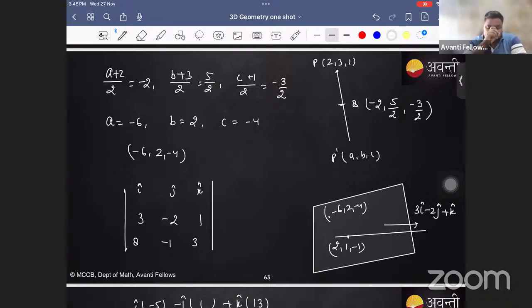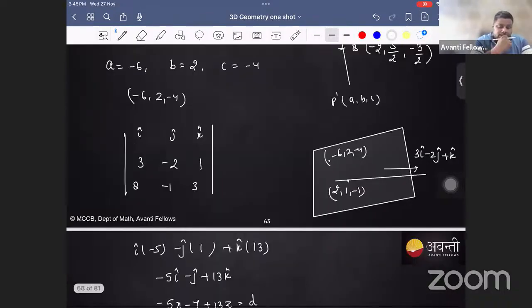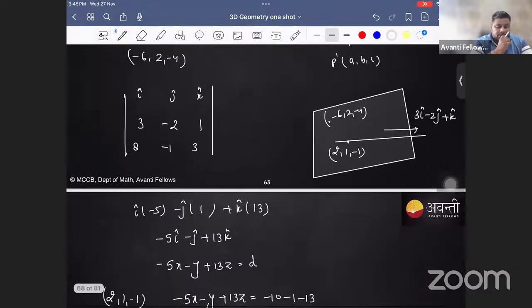So with i cap, it is minus 6 plus 1, minus 5. With minus j cap, it is 9 minus 8, 1. With k cap, it is minus 3 plus 16, 13. I think I have done everything correct.